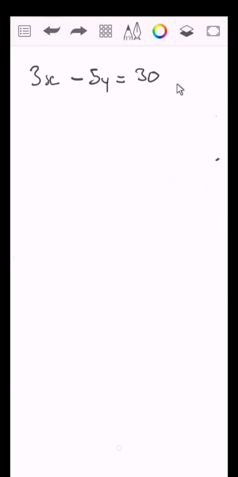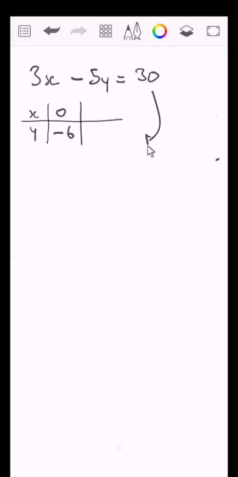To draw a line, we need a table of values x and y. The y-intercept is the point the line crosses the y-axis. At that point x is 0 and y in this case is minus 6. Where do we get minus 6?